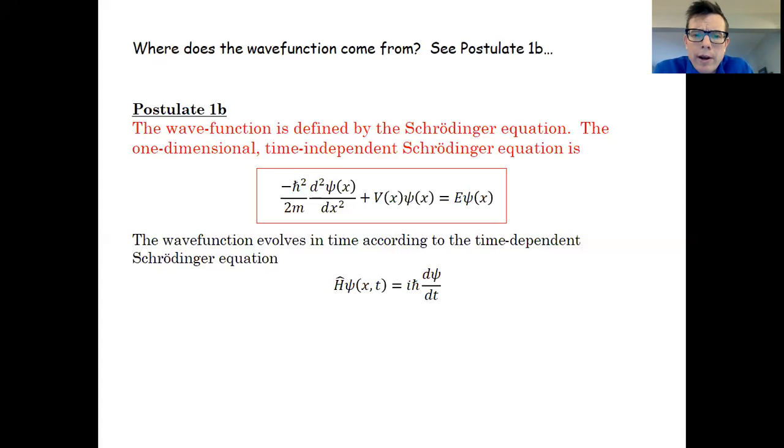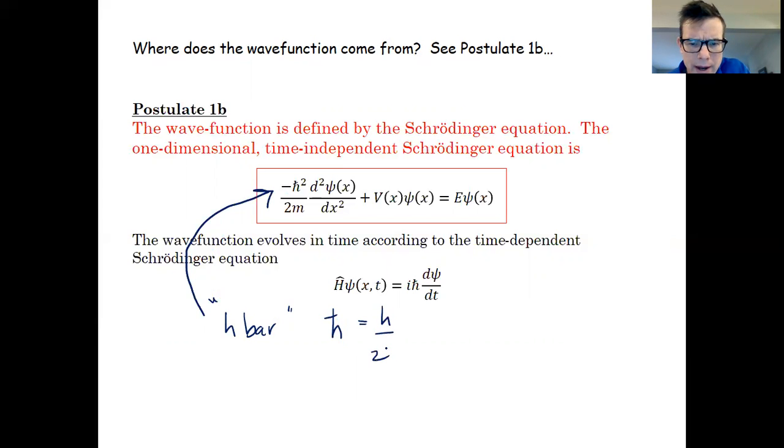And the one thing I would point out in this is there's one new variable, which we haven't seen yet. This is called h bar, right? H bar equals h divided by 2 pi. H is Planck's constant.